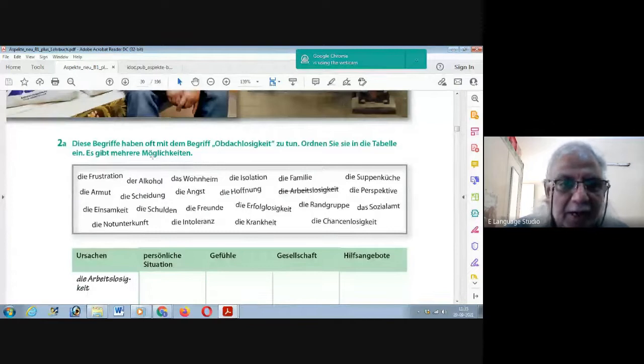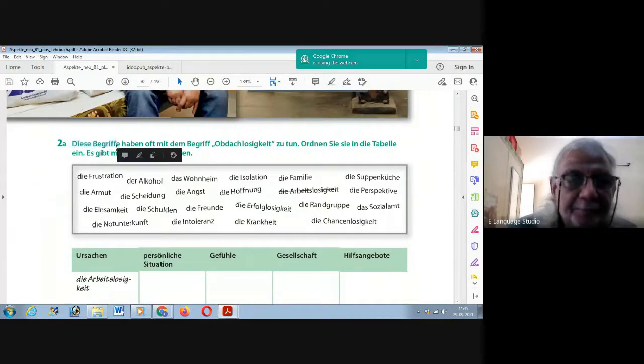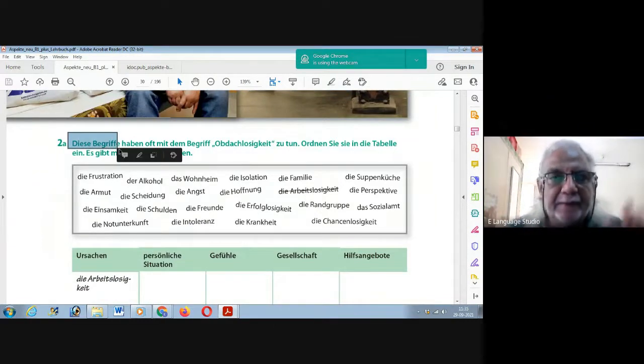Und hier haben wir einige Begriffe. This is all vocabulary, a little bit of vocabulary now. I wanted to do grammar, but I'll do that later. So, diese Begriffe, der Begriff, die Begriffe, terminology, haben oft mit dem Begriff Obdachlosigkeit zu tun. Also diese Wörter kommen sehr oft zusammen mit dem Wort Obdachlosigkeit.